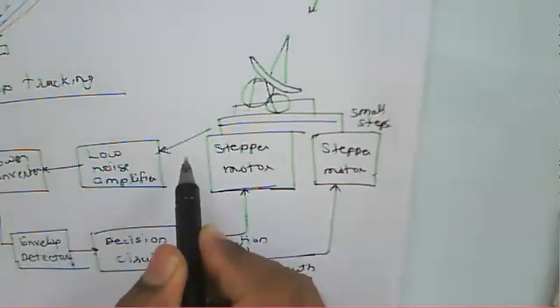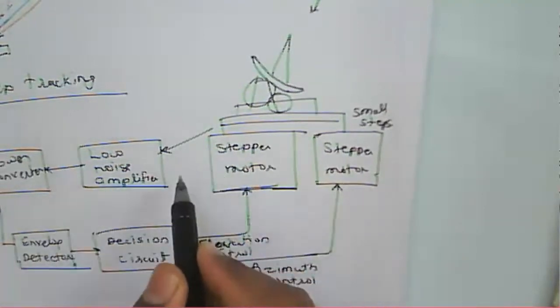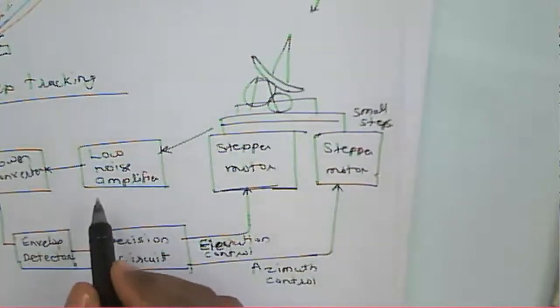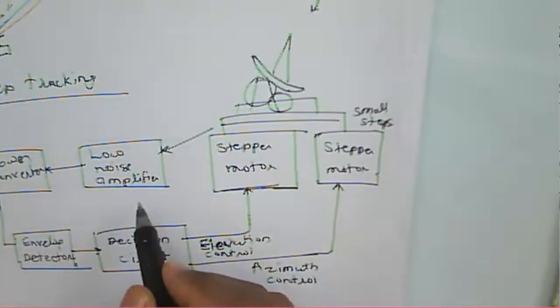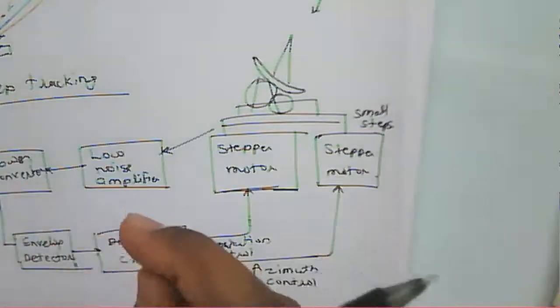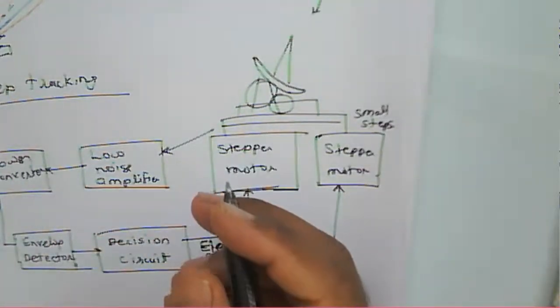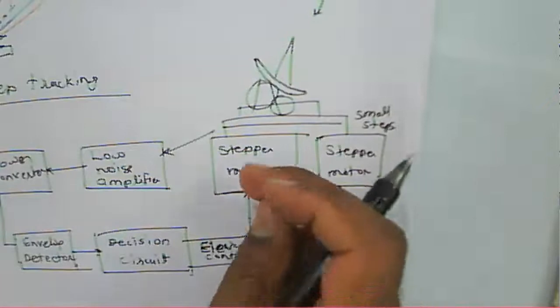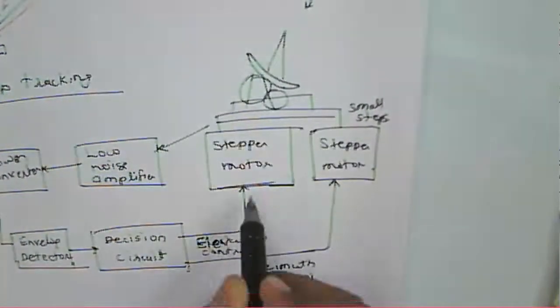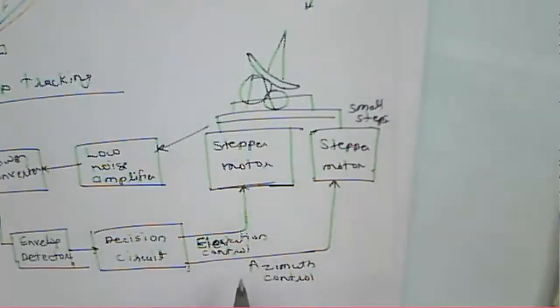Means two successive signals we are receiving. We will verify their difference, and that difference gives us the error voltage. According to that difference voltage, we can fix the position of this earth station using this elevation control and azimuth control there.